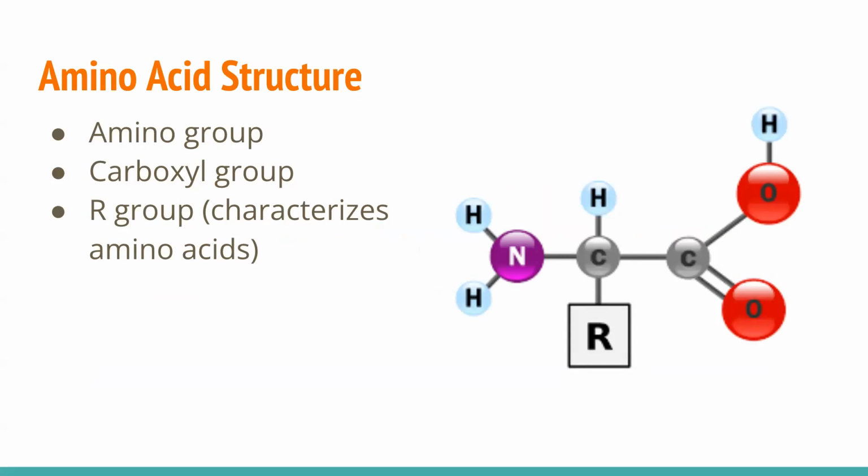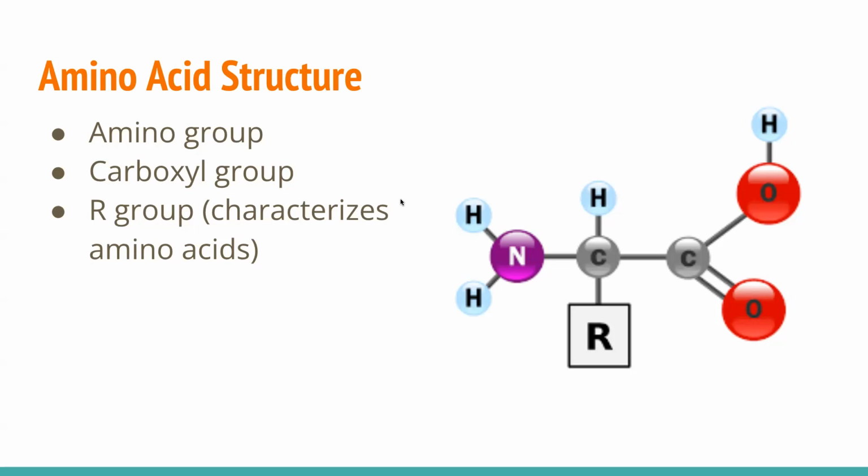It's the carbon with 2 oxygens to the right of the central carbon. You also have a variable R group in every amino acid. They're all different, so the R groups are going to change for every single amino acid. This R group is going to characterize your amino acid. So its chemistry is going to be different, its size is going to be different, and it's going to affect the overall structure and function of the protein.